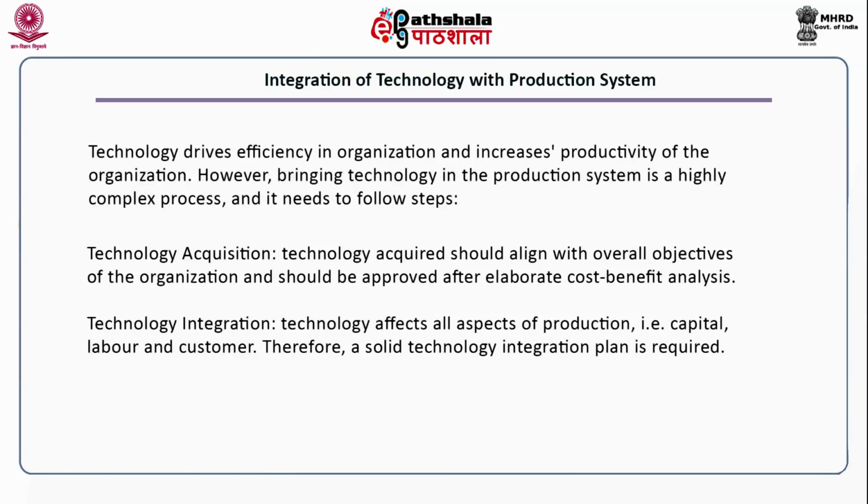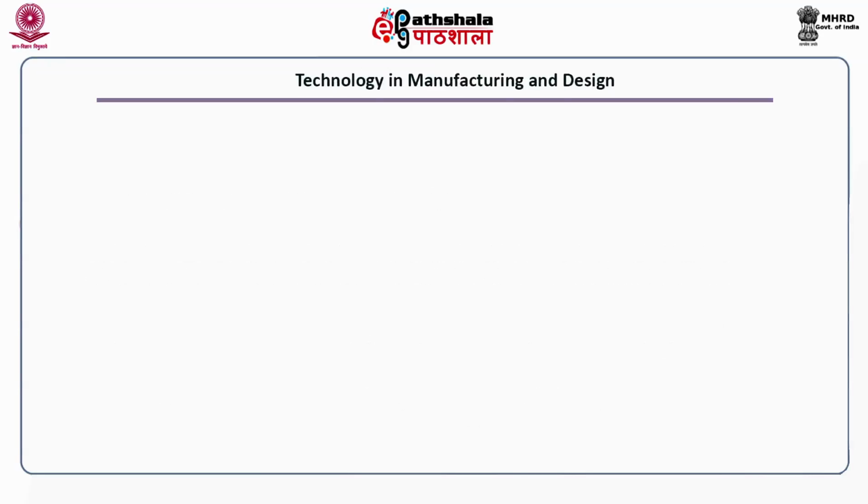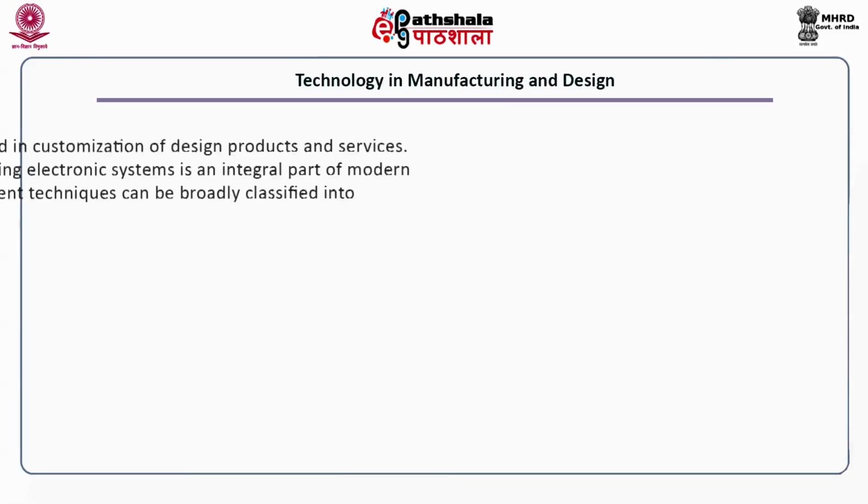Technology integration. Technology affects all aspects of production, that is capital, labor and customer. Therefore, a solid technology integration plan is required. Technology verification. Once technology is integrated, it is important to check whether technology is delivering operational effectiveness and is used to its fullest.